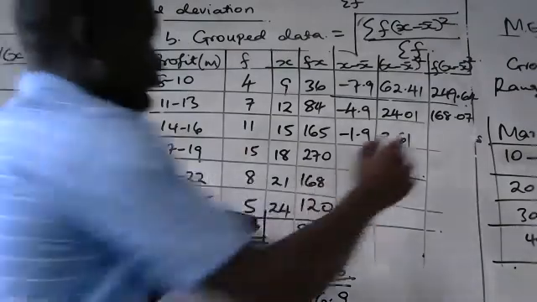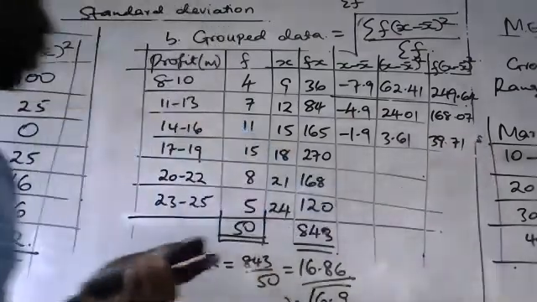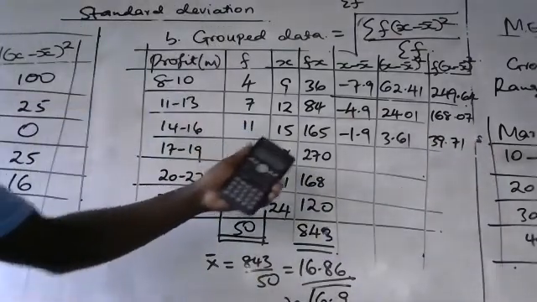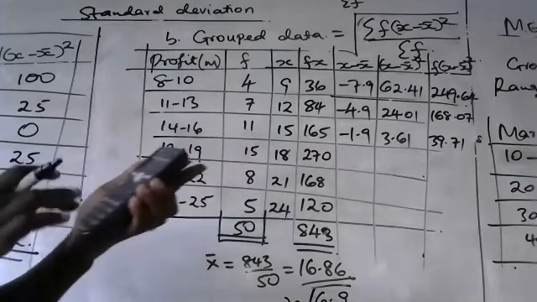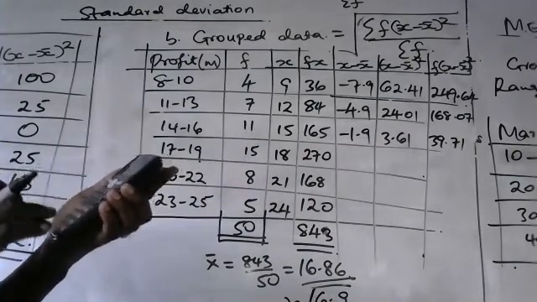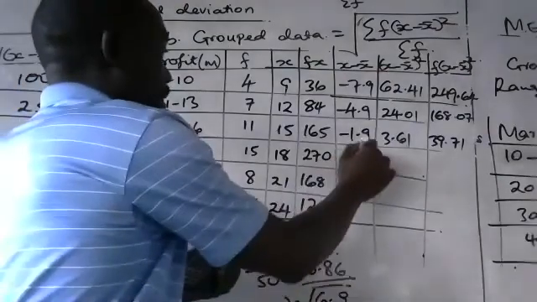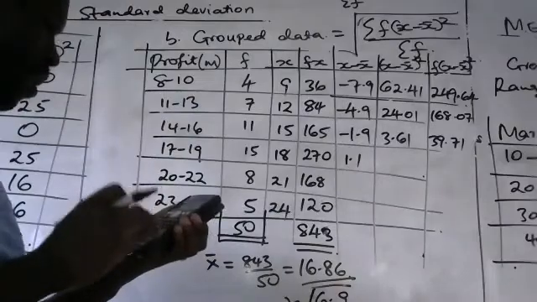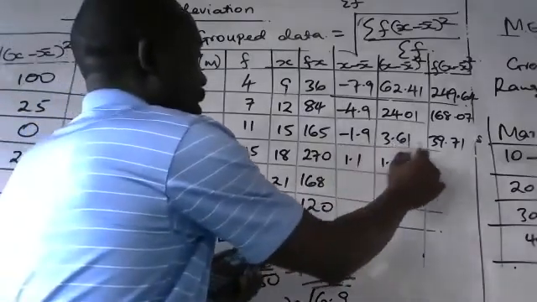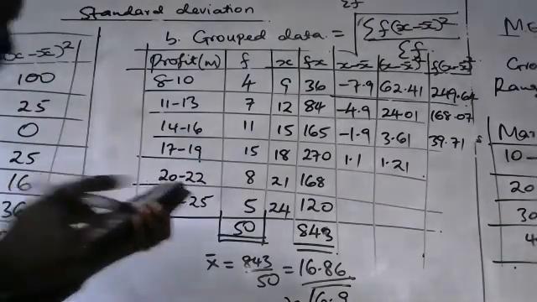You get 39.71. We come to this row where x is 18. So we do 18 minus x bar, which is 16.9. We get 1.1, squared it is going to be 1.21, times f, which is 15. You get 18.15.